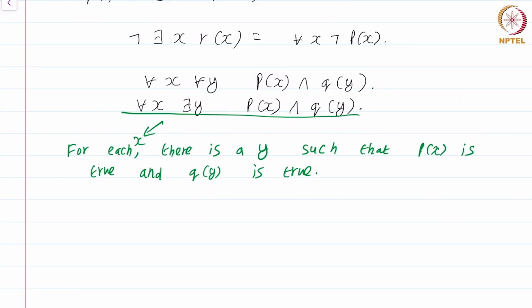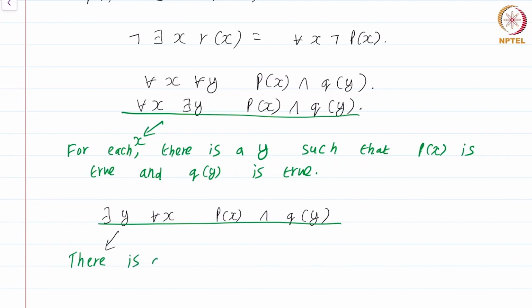On the other hand, let us say I reverse this statement and say there exists y, for all x, p of x and q of y. This statement, when you translate it into English, is saying the following.